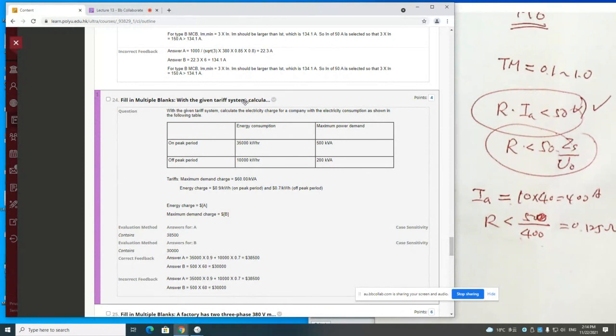The examination is closed books, closed notes. Basically you are not allowed to use any reference material in the examination. The tables and graphs we provide in the examination papers.